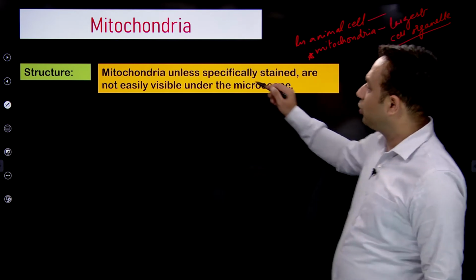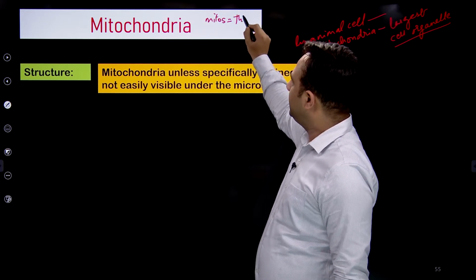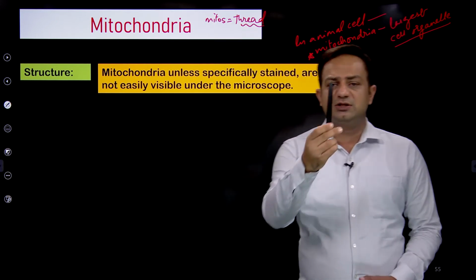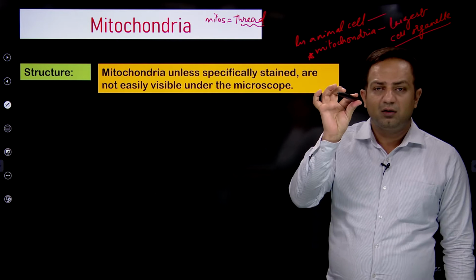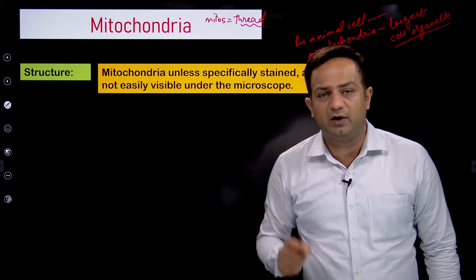The name mitos means thread. Now what does a thread mean? A thread is something which is longer than its width. Means they are longer than they are wide.